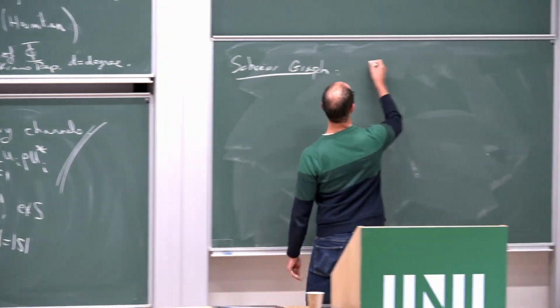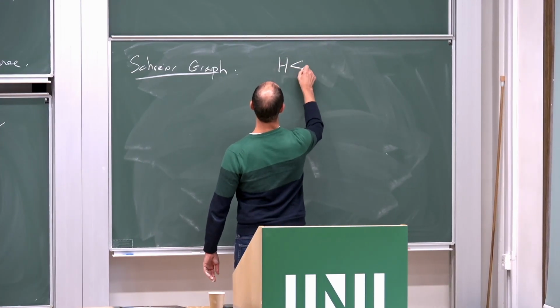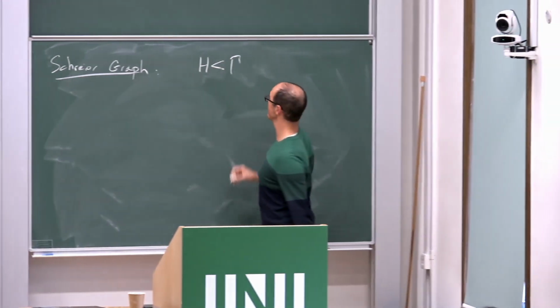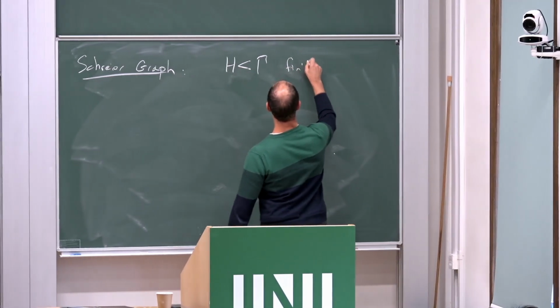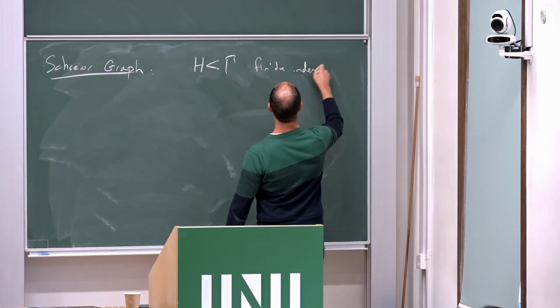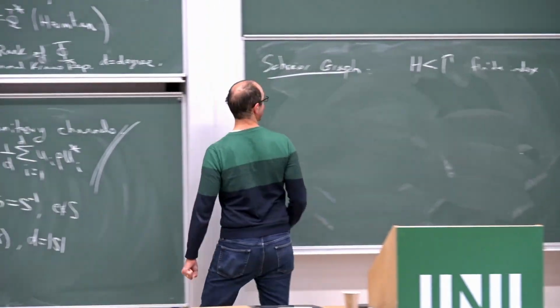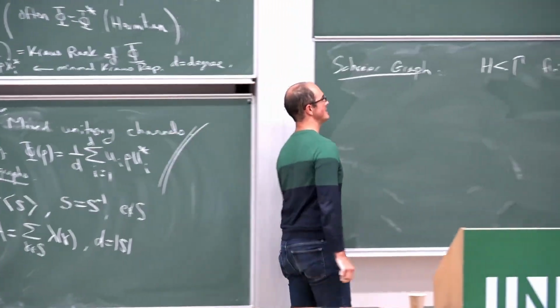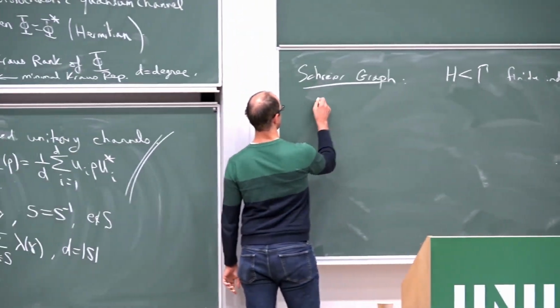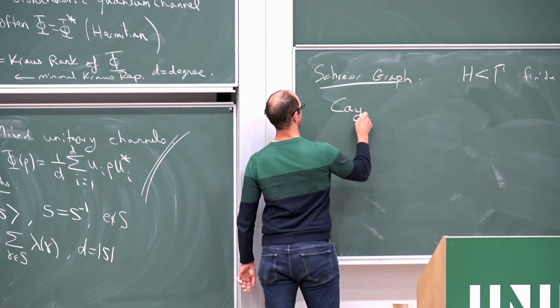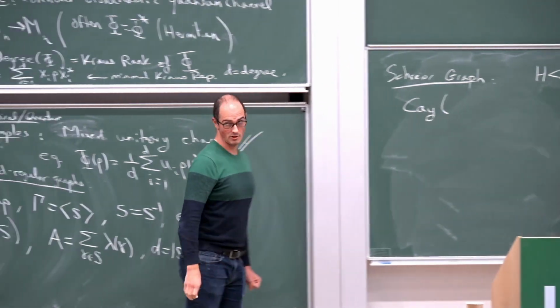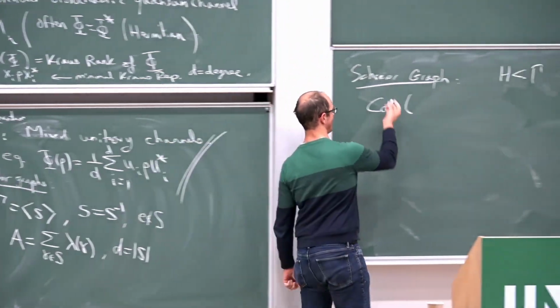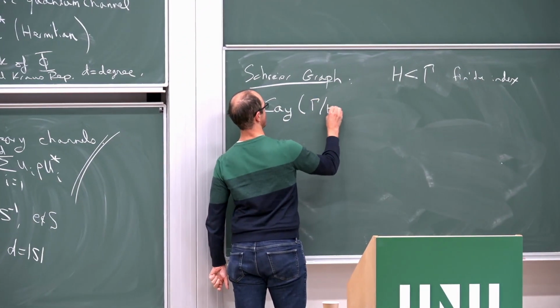Right, so let's say we have a subgroup of gamma of finite index. What we can do is consider the Schreier graph, which I'll still write as Cayley, of the quotient.